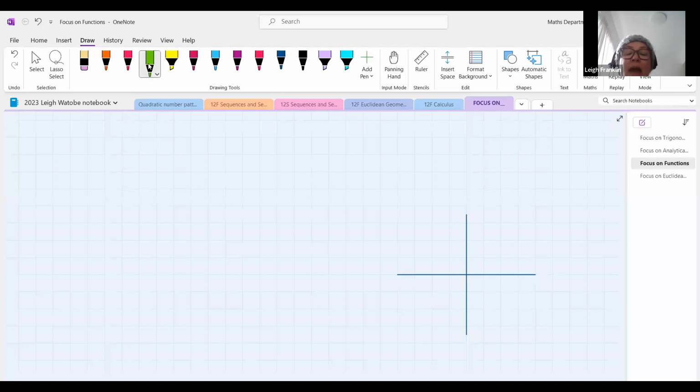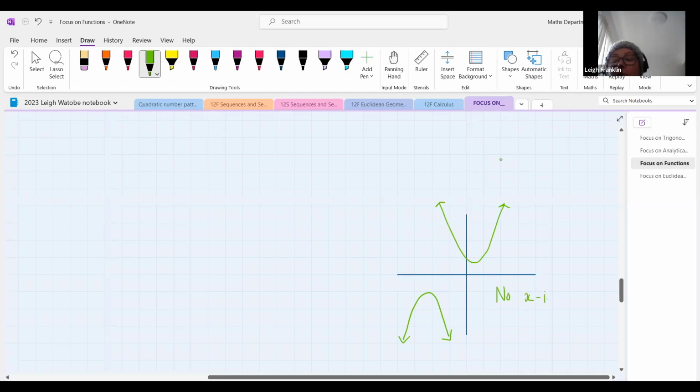If you have a parabola over here, and that parabola over there, what do these two parabolas have in common? Exactly. They have no x-intercepts. Therefore, what could we say about their roots?